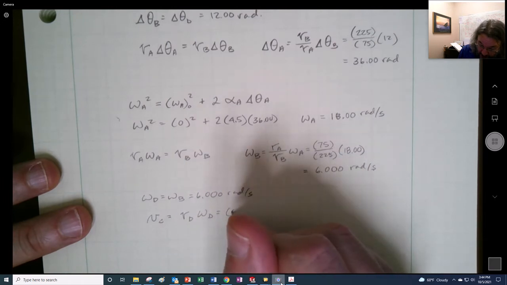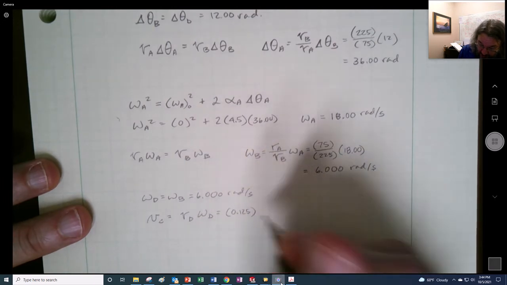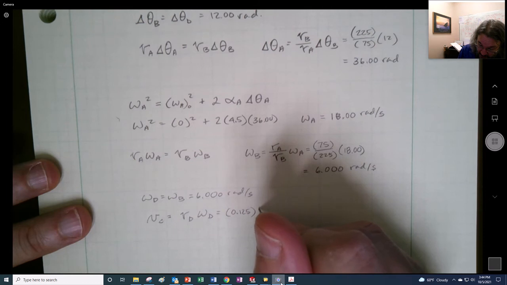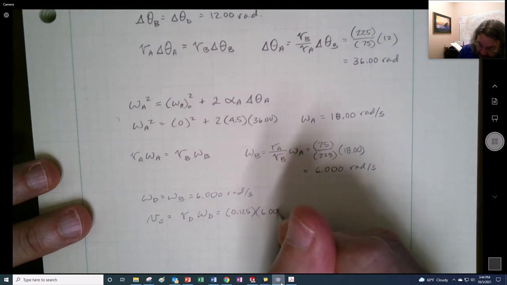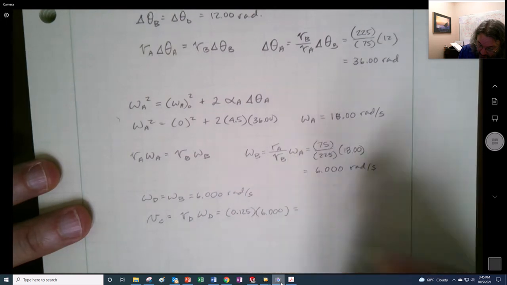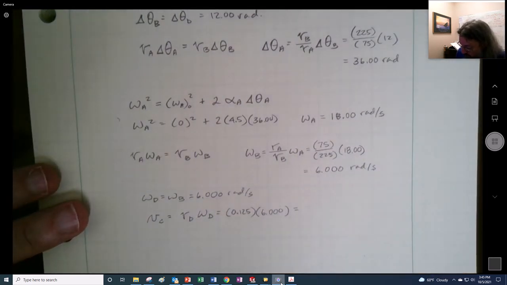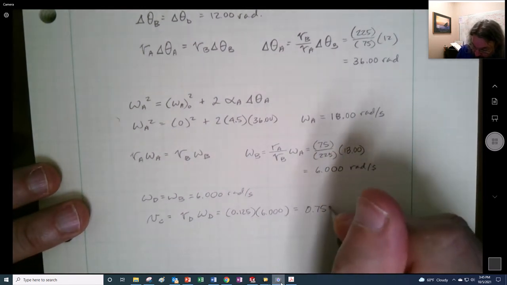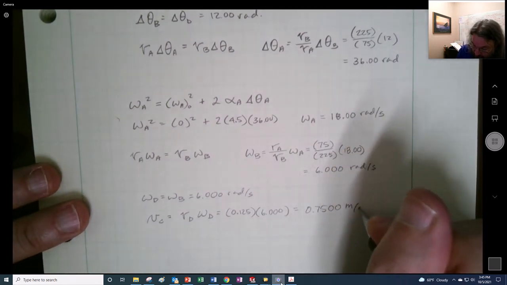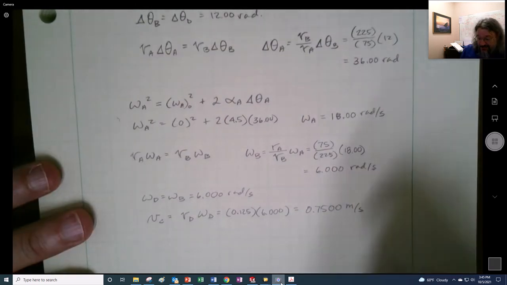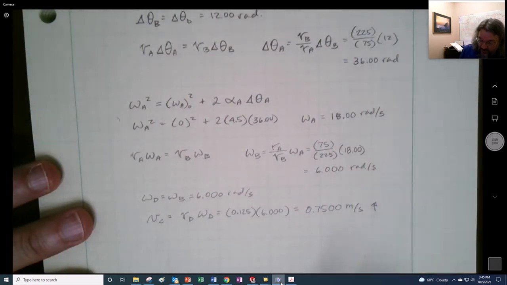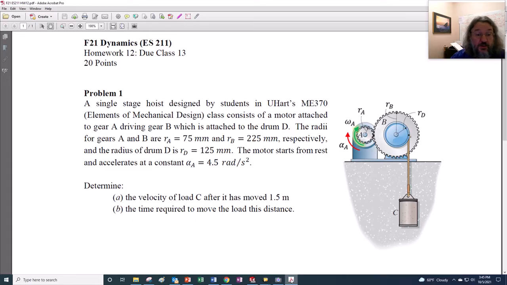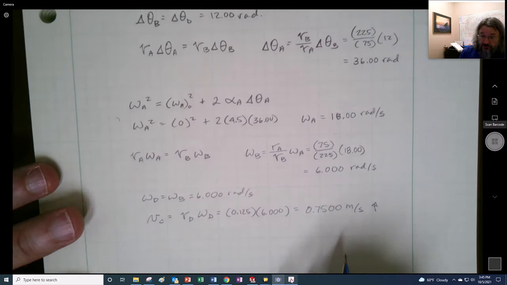So we take 0.125 and multiply it by 6, and we get 0.750 meters per second. I think I did that correctly. And it's going to be upwards right here, because did I ask for velocity or speed? The velocity. So we need to give direction when we give the answer.